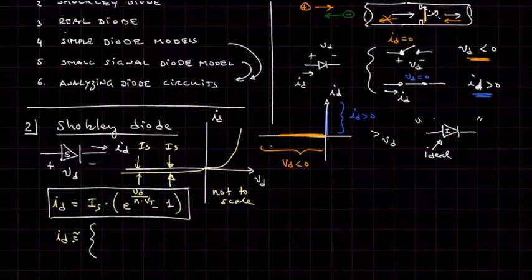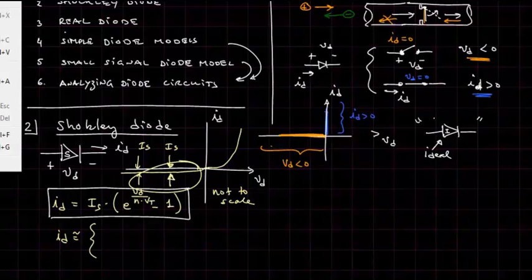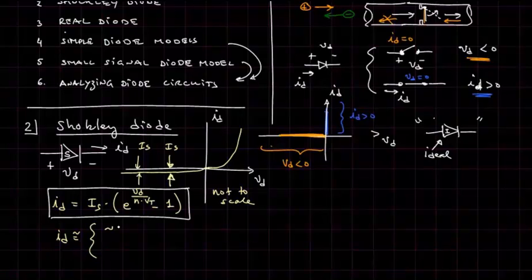When the diode is working in the third quadrant, down in this region, we can approximate the diode current as simply minus IS, because for VD less than 0, the exponential becomes much smaller than the minus 1 that is added to it.